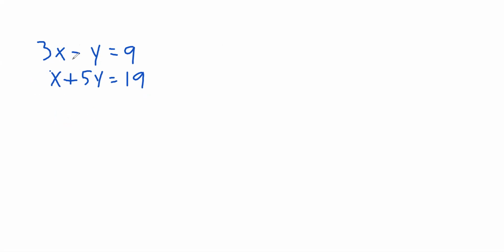But the point is, since they have opposite signs, if I multiply the first equation by 5, leave the second equation alone, and I mean multiply the entire first equation by 5, I'm going to get 15x minus 5y equals 9 times 5 is 45.